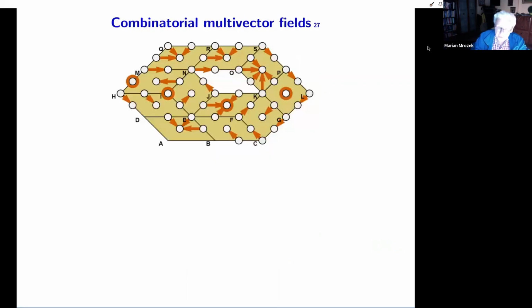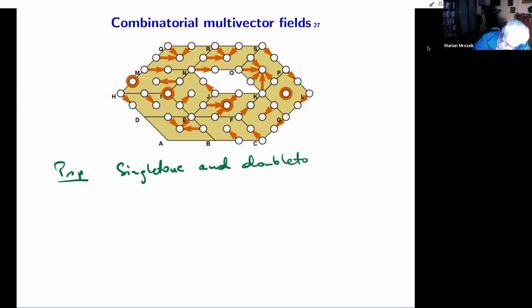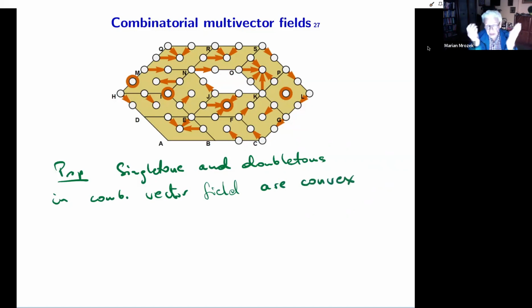It comes from the observation that singletons and doubletons in a combinatorial vector field, so this Forman concept, are actually convex. And they are almost trivially convex. Singleton: there is no way to put anything between a singleton and itself.